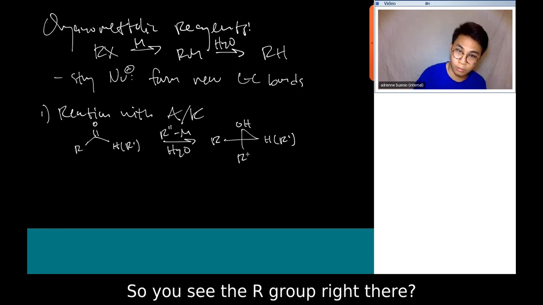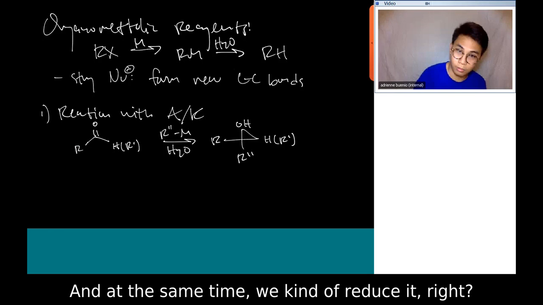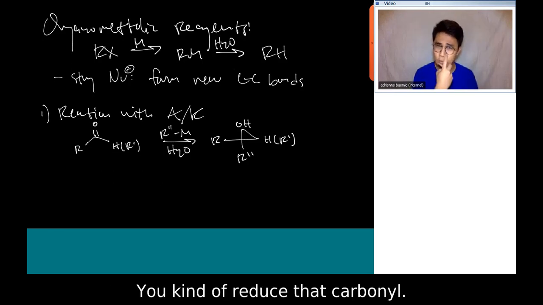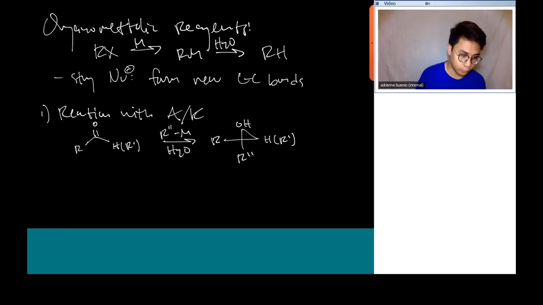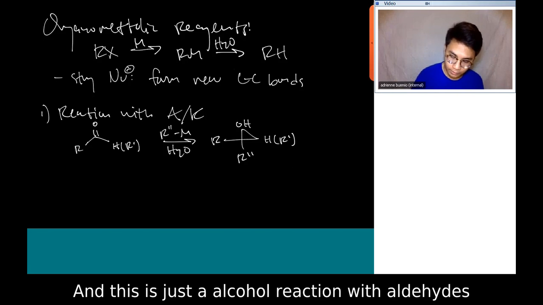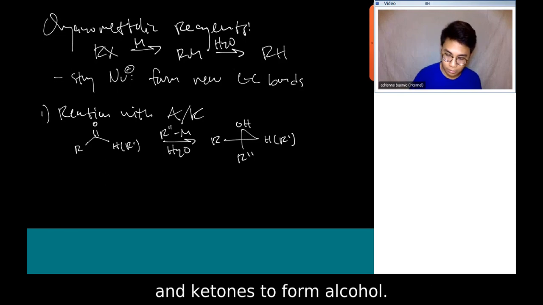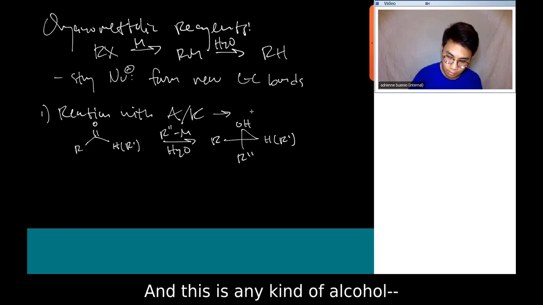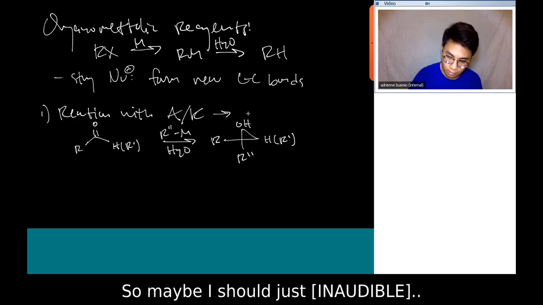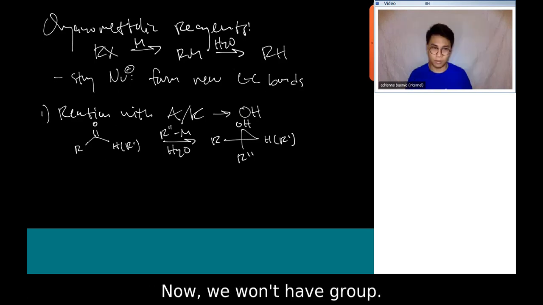You see the R group right there, and at the same time it reduced that carbonyl. And this is just alcohol. Reaction with aldehydes and ketones forms alcohol, any kind of alcohol, primary, secondary, tertiary. So maybe I should just put that there. Now we won't have room. Okay, I'll stop with the drawing.